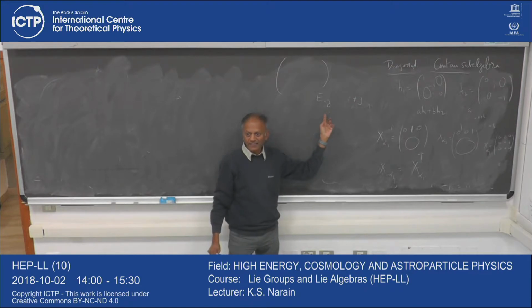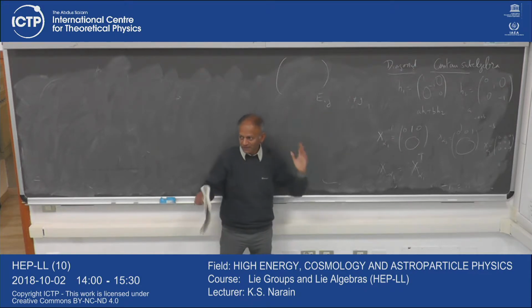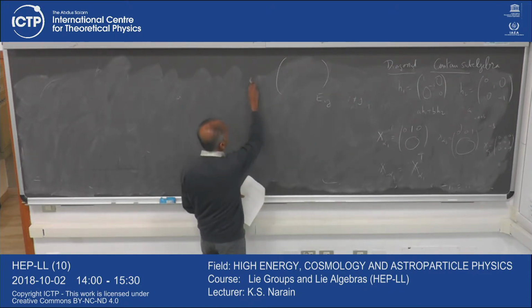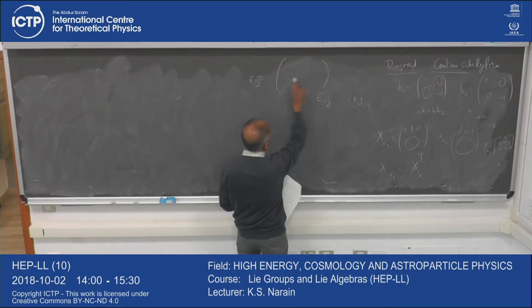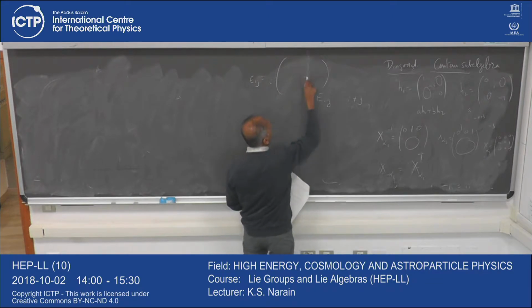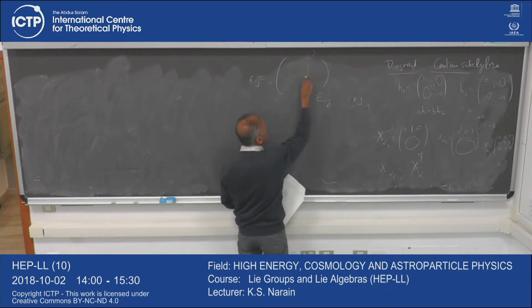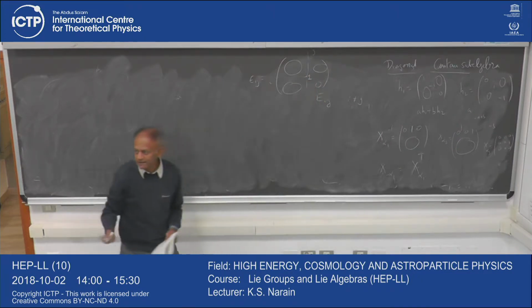It's not an ij element of a matrix. The whole thing is a matrix. So E_ij is a matrix which has the property that if you look at the ith row and the jth column, then this element is equal to 1 and everything else is 0. The only non-zero element is that.